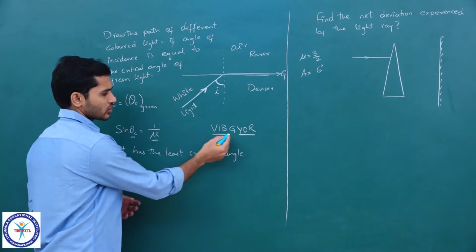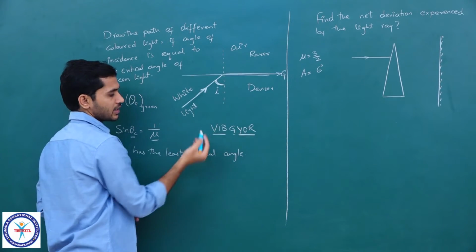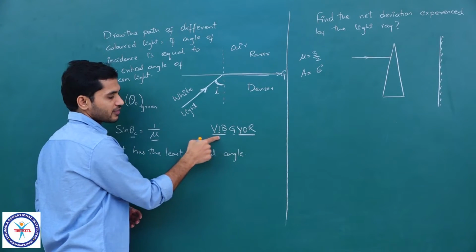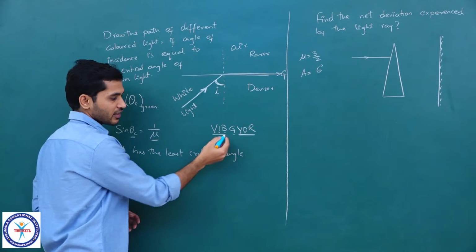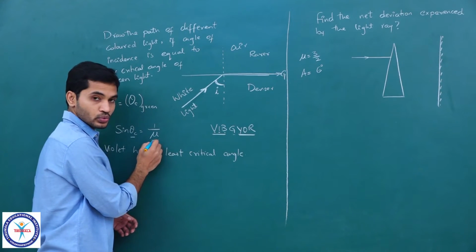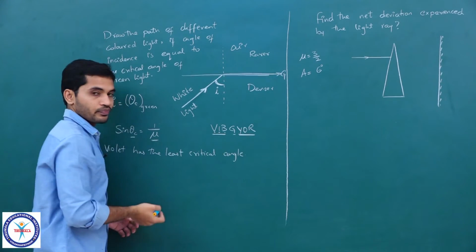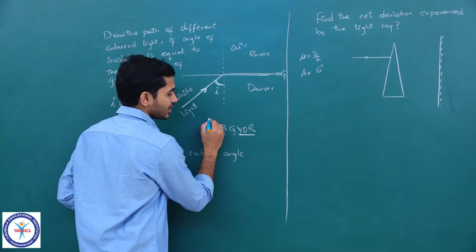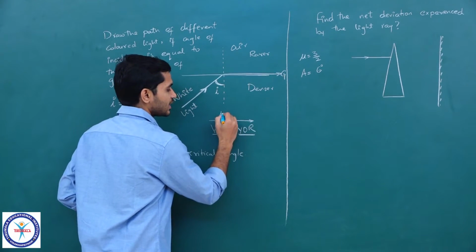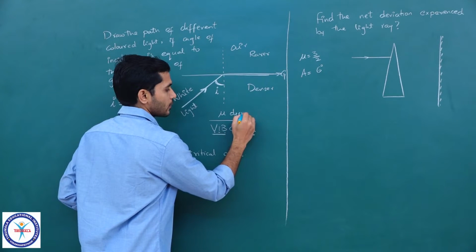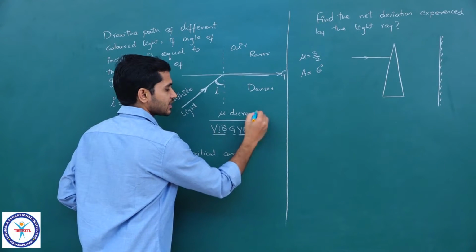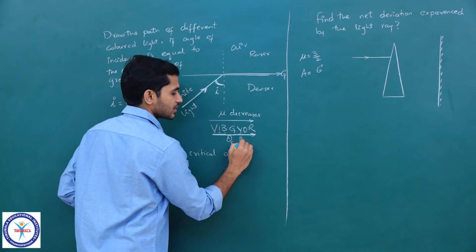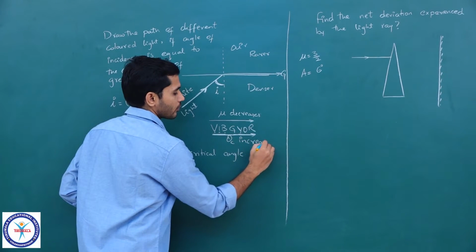So, now you can easily guess. Because G has this much critical angle, VIB, all of them have lesser wavelength, or we can say higher mu than G, correct. So, if I write a relation like this, mu decreases in this direction, and theta c increases in this direction, correct.